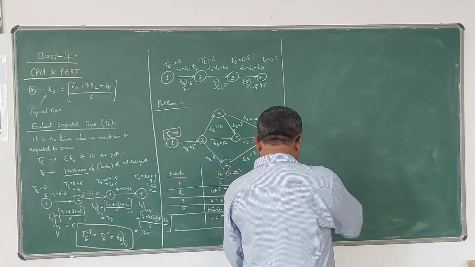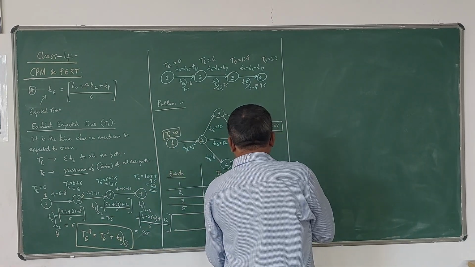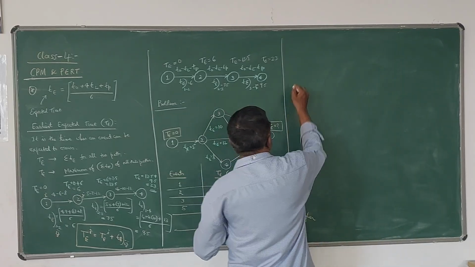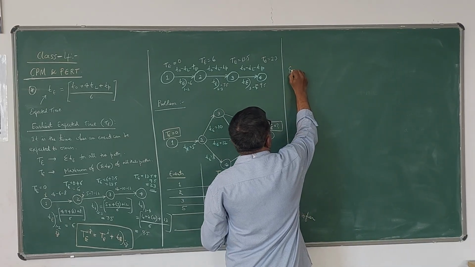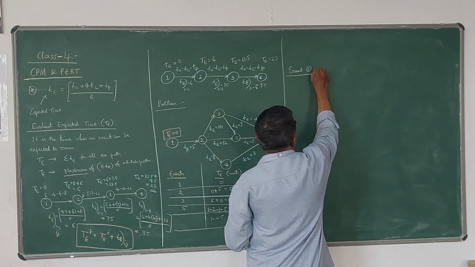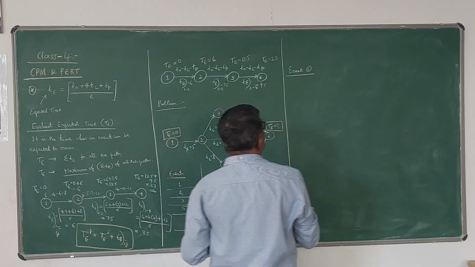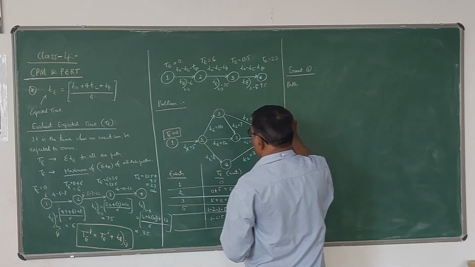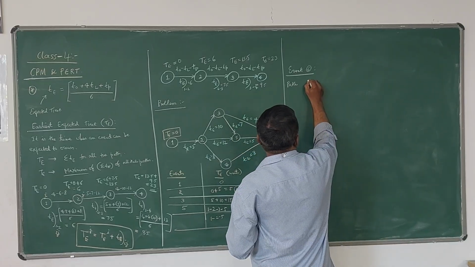Now let us come to the last event, 6. Event number 6 will have 4 paths. This is what we are interested in now, the final value of T. Event 6 can be achieved using 4 paths. First path, which you can call path A, is 1, 2, 5, 6.